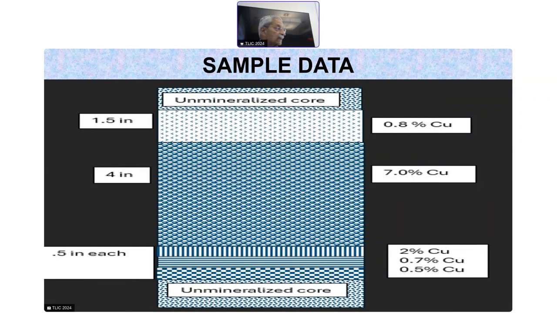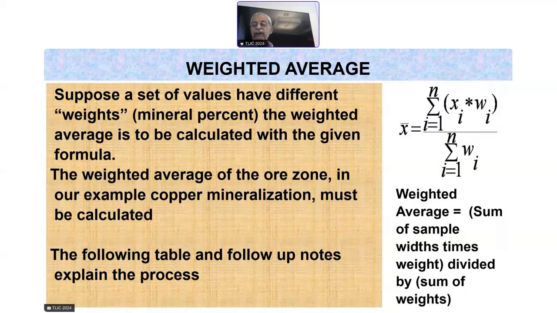This is after we get the analysis. First, I sampled this portion, this portion, this portion, and got the analysis. So the 7% copper is this much, and 0.8% is this. If you average, 7% is watered down. So we have something called weighted average.